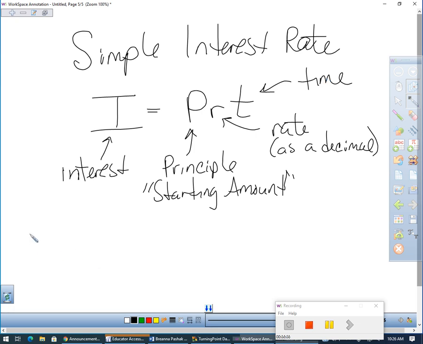All right, so here is example number 8, which will help you with 29 and 30.